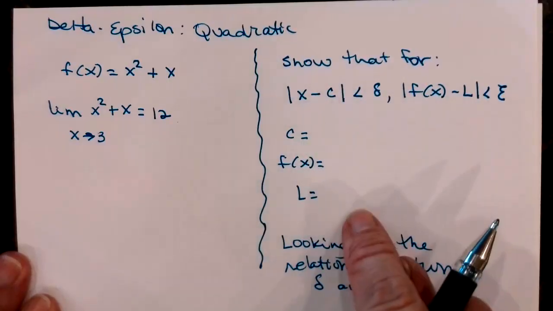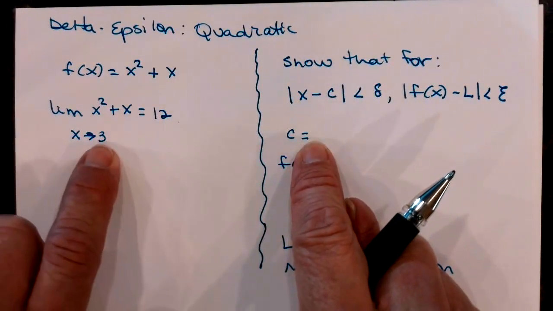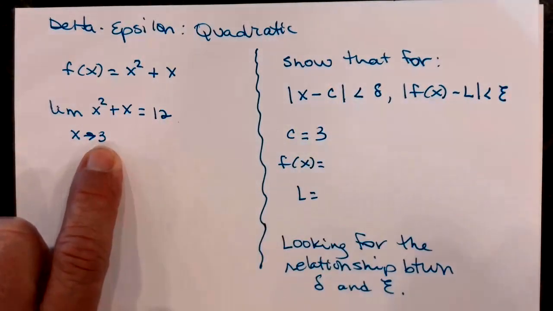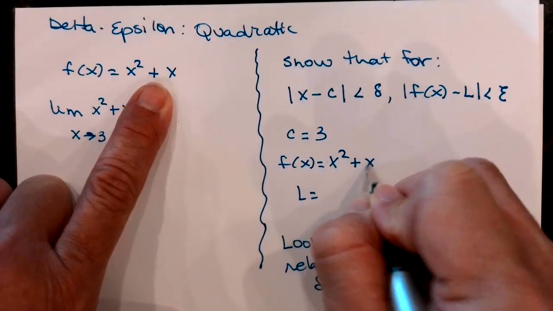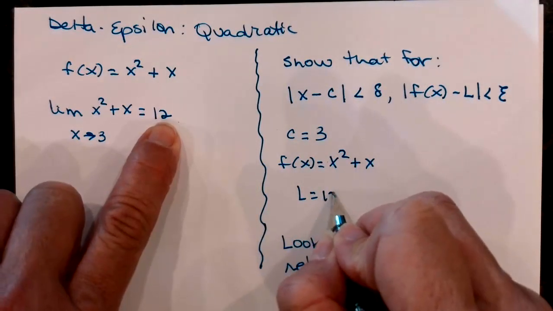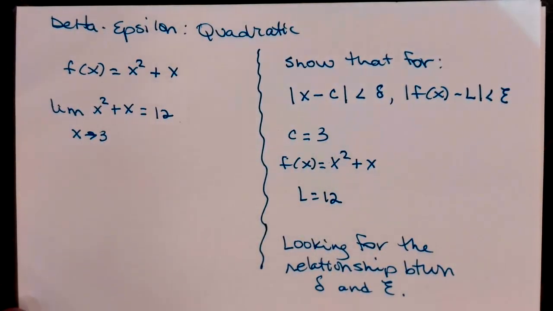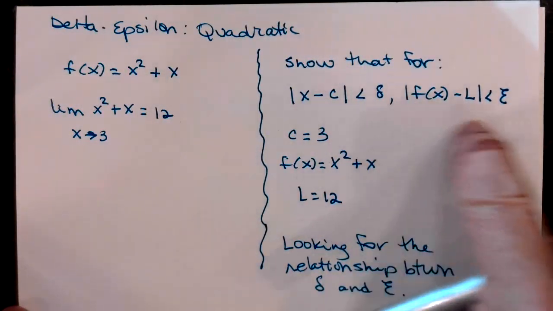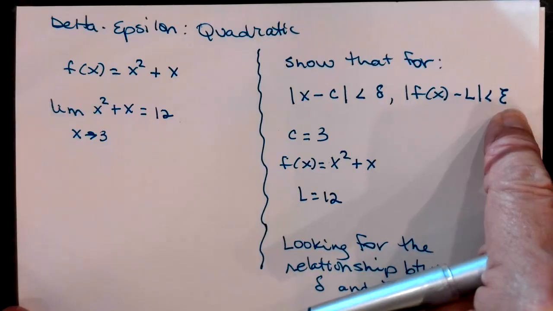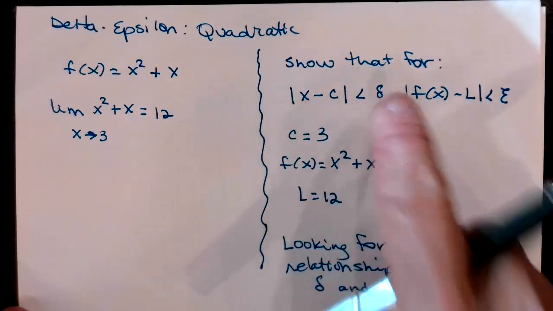So what are the different pieces here? As x approaches c, as x gets close to 3, our function gets close to the limit. We're going to start with the function, the L and the epsilon, and then look for that relationship between delta and epsilon as we search for this x minus c.